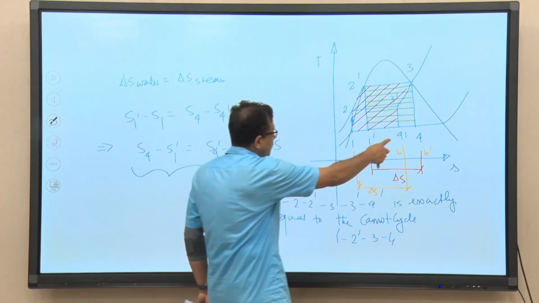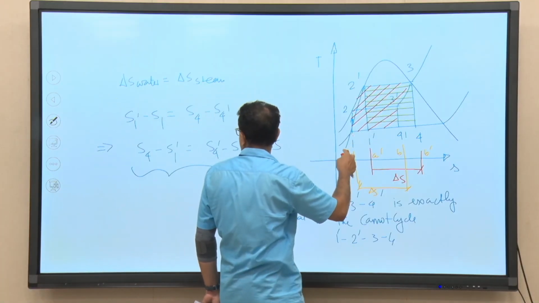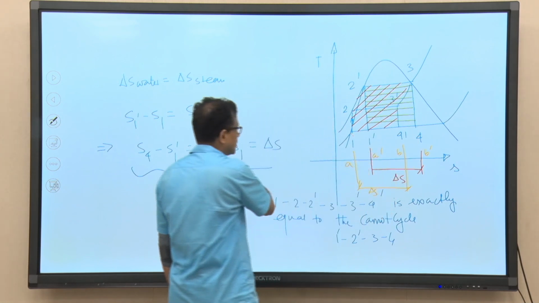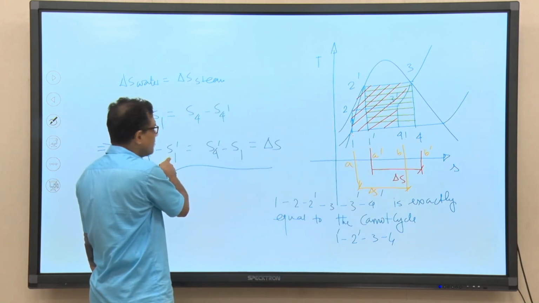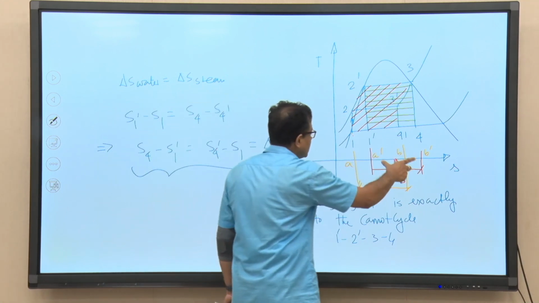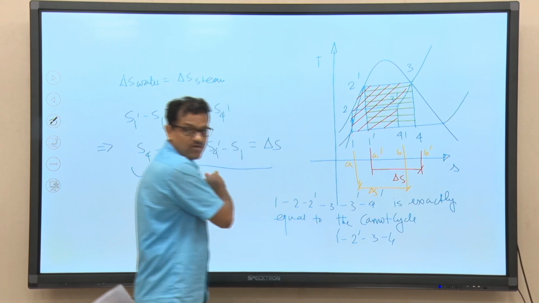Now, S4 prime minus S1, that is delta S, and that is equal to S4 minus S1 prime, which we have already proved.